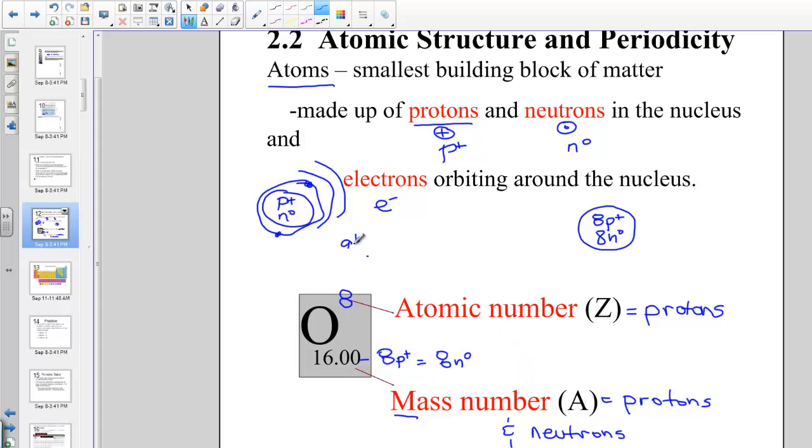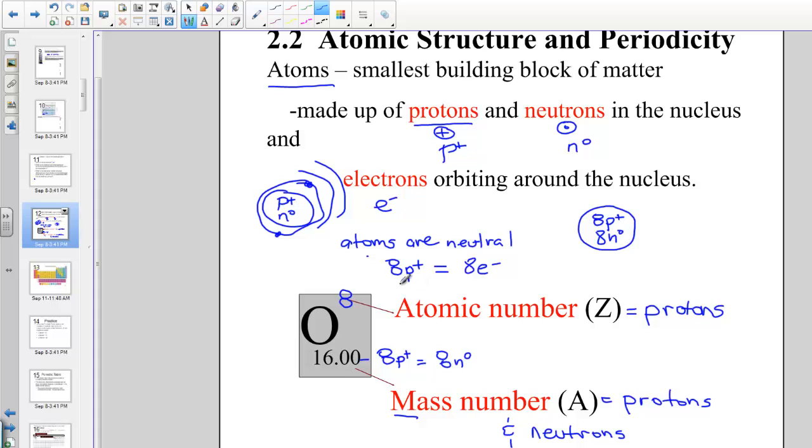Now, since atoms are electrically neutral, what that means is that the positives have to equal or balance out the negative charge. So what I've also learned is that by the atomic number oxygen has 8 positive protons, I also know that it has 8 electrons.